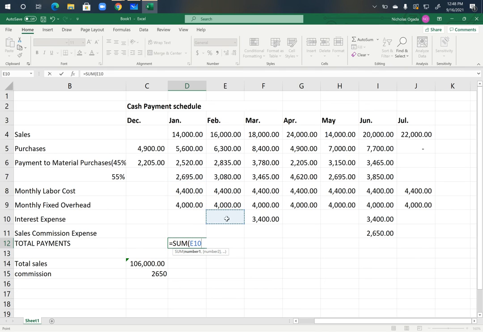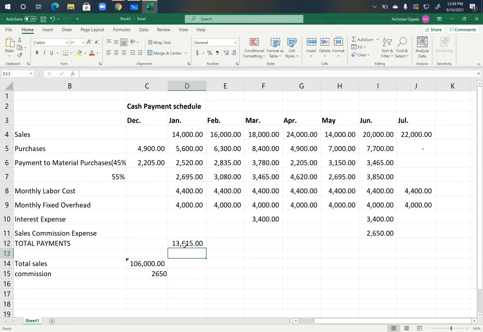So it has to be plus the material. So you're picking up the material, and then plus the labor, then the overhead, the interest, and then the commission. So those will be your payments. And for the month of January, you have 13,615.